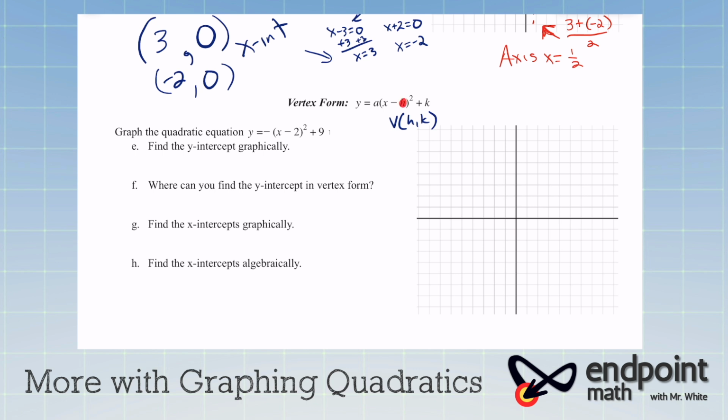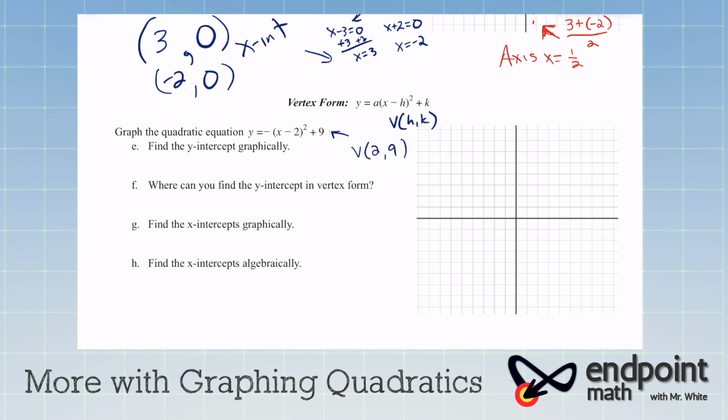Whatever number is after the minus sign, that's your x coordinate. Whatever number's at the end, that's your y coordinate for your vertex. You don't have to deal with opposite of b over 2a or any of that stuff. So as I'm looking at this example, I would say that the vertex is at (2, 9).